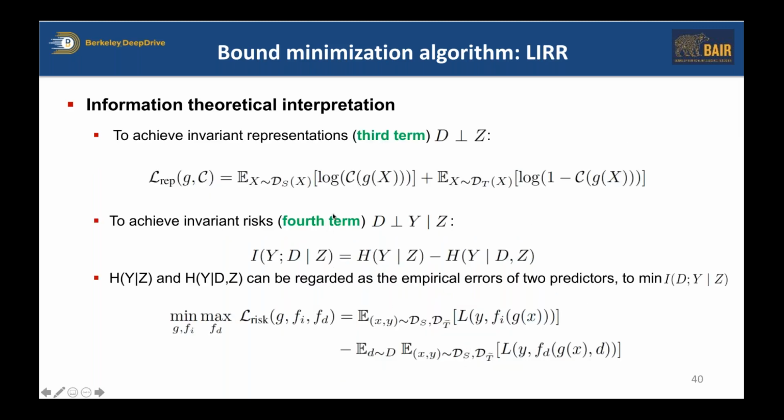So with this theoretical interpretation, to achieve the invariant representations, we use adversarial training, similarly as the previous works, to learn the features that are indiscriminative between the source and target. To achieve the invariant risks, we want to decompose this mutual information into the entropy between these two terms, and they can be regarded as the empirical errors of two predictors.